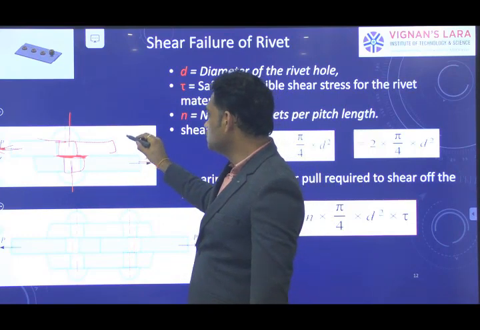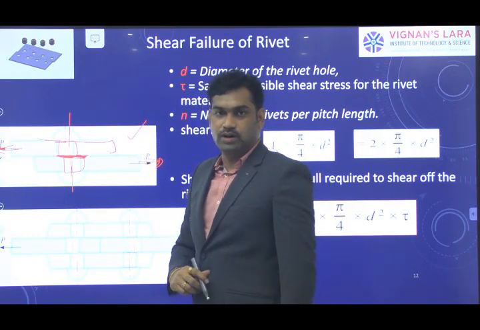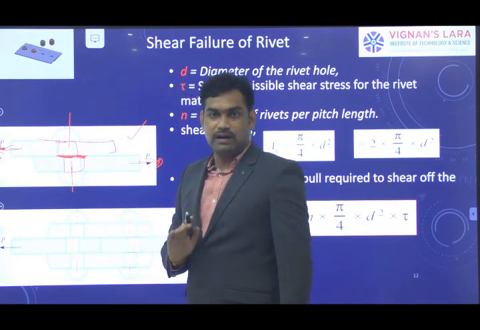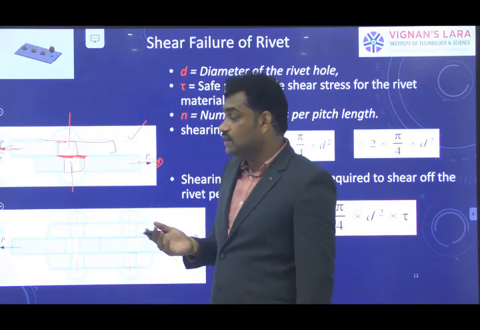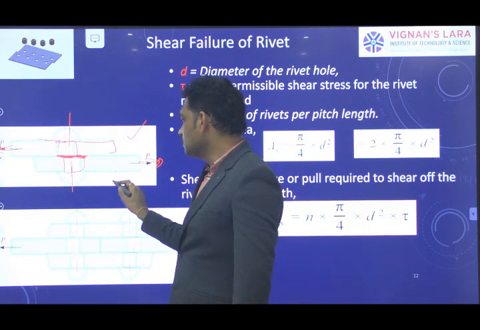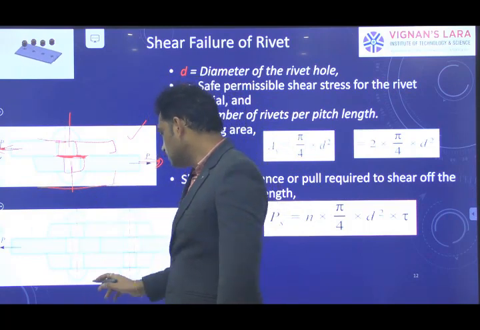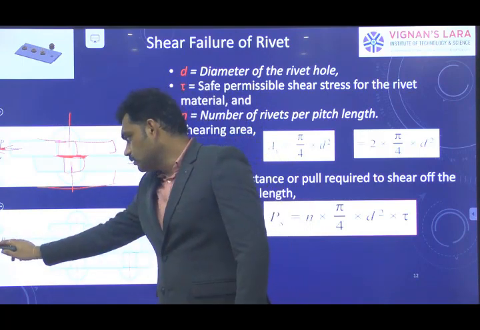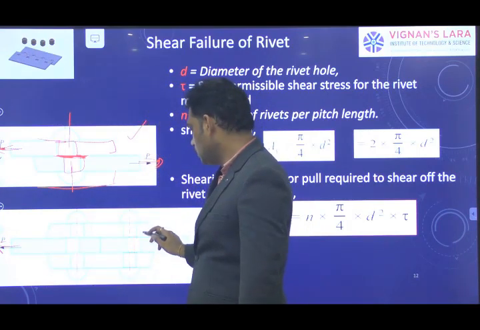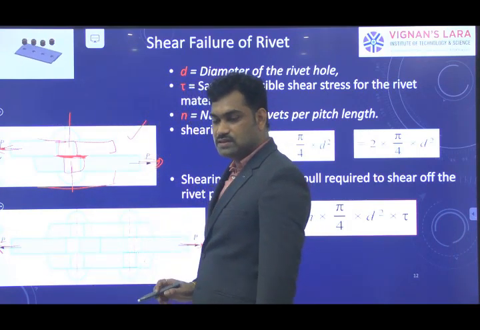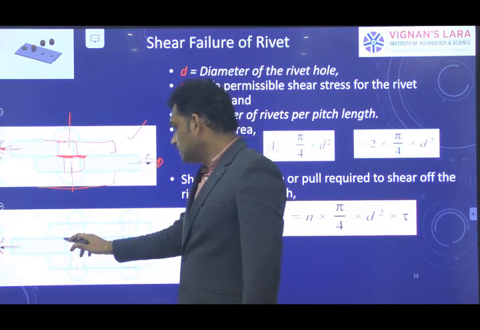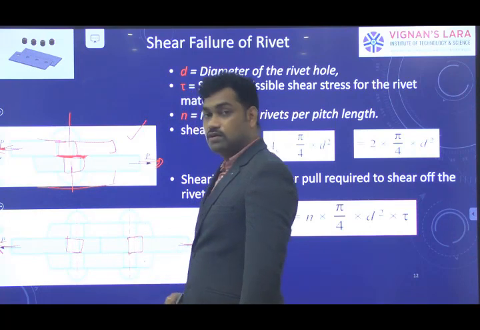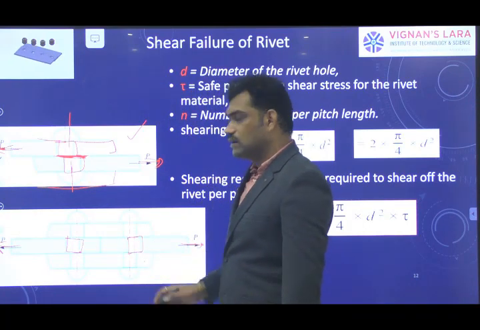You can observe this in the lap joint, as well as in the butt joint with a single strap. If there is an additional strap, that is a butt joint with double strap, you can observe here that the load is acting at the main plates, and these two are additional straps. In these cases the rivet can shear at 2 different cross sections. We call that double shear.